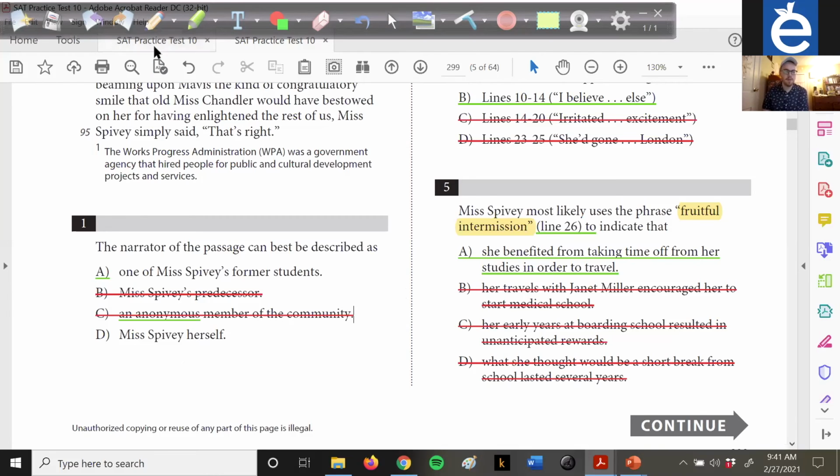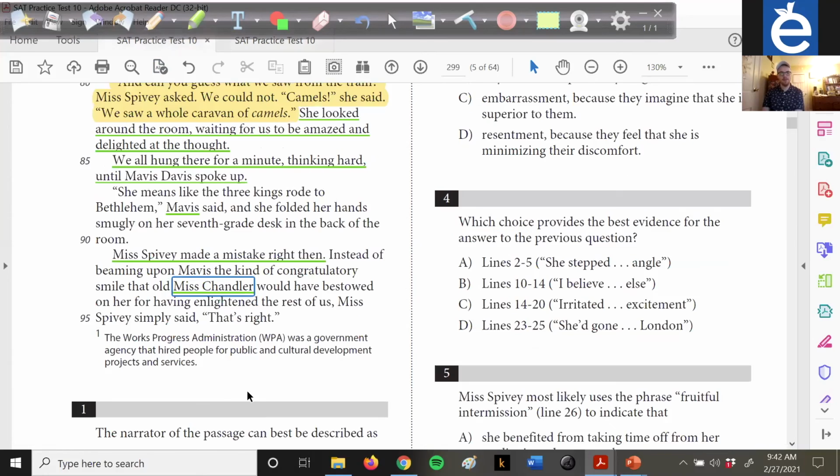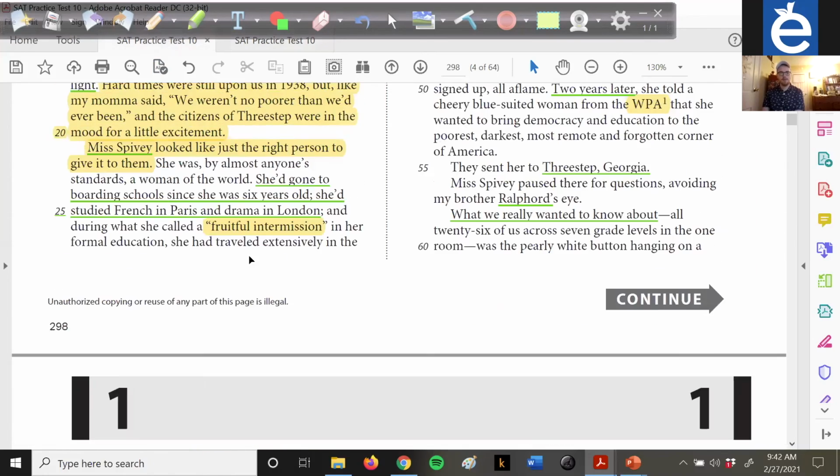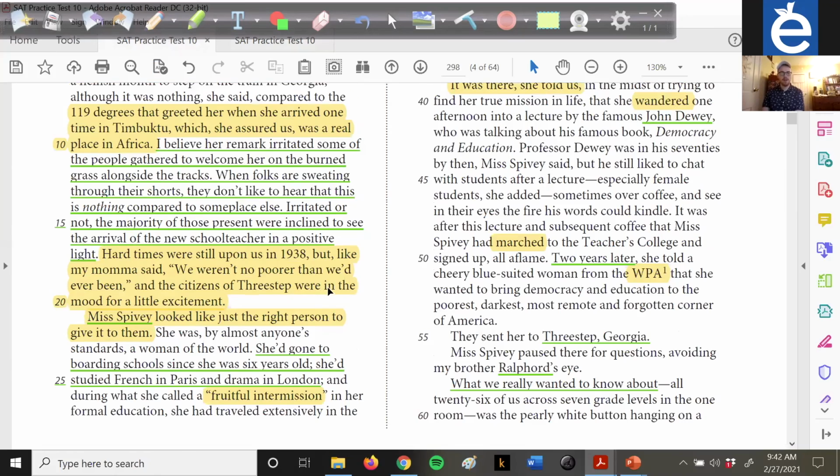No, I don't think Miss Spivey would talk about herself in the way that this story talks about her. And certainly Miss Spivey doesn't have a little brother named Ralford who asks her questions. So this is definitely one of Miss Spivey's former students looking back and telling the story. Remember, we know this is being told in the past tense. Hard times were still upon us, back in 1938.